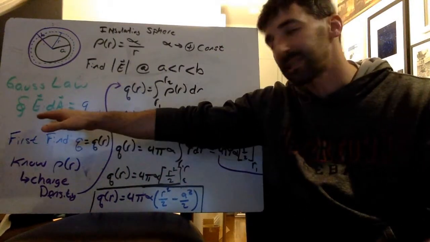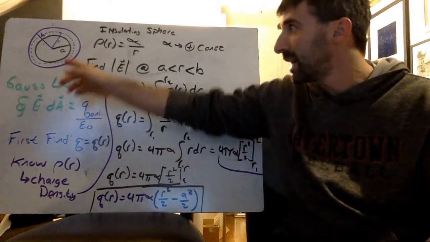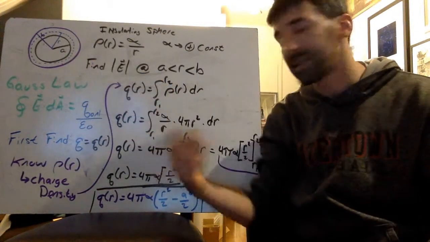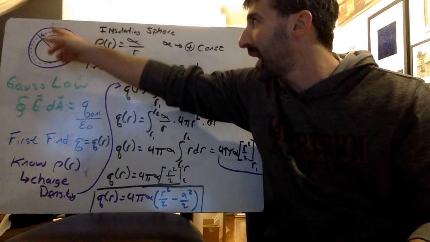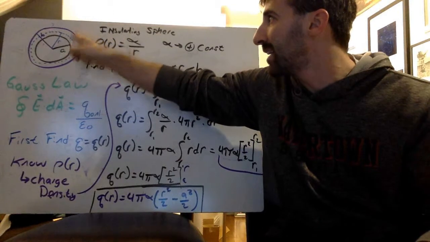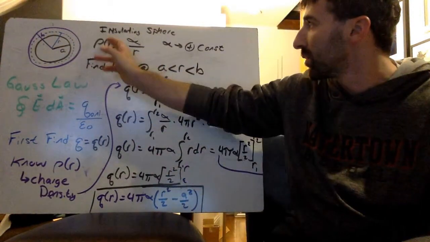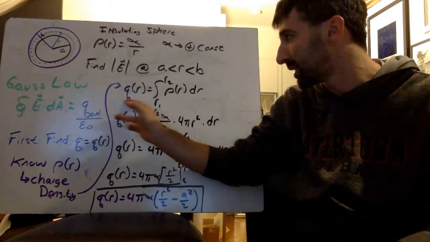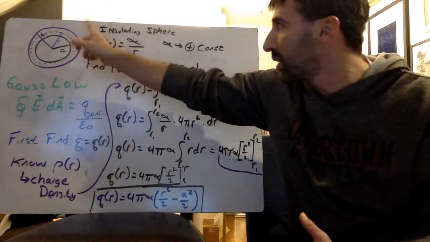So I'm going to come back to Gauss's law later, but we're trying to find this Q enclosed. And Q enclosed is really some Q at some radius r away, right? Because again, I'm looking in between a and b. So I'm looking at any radius in between my black line and my purple line there. So this is my Q enclosed, Q of r, and I'm going to integrate because I want all of those possibilities.